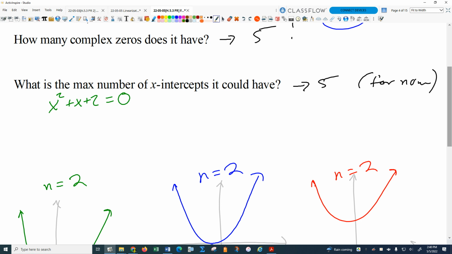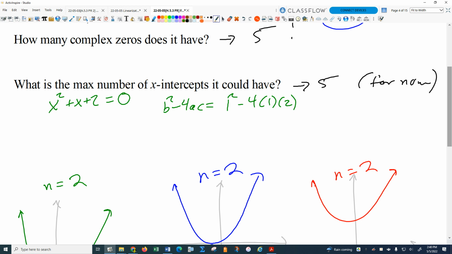So the place I'd want to start in the quadratic formula is the discriminant, right? The part that's in the square root. Because if I find out the discriminant is negative, I can stop. I don't have to do any work, right? So what is the discriminant? B squared minus 4ac. That's going to give me 1 squared minus 4 times 1 times 2. Is that going to be positive or negative? It's going to be negative, isn't it?